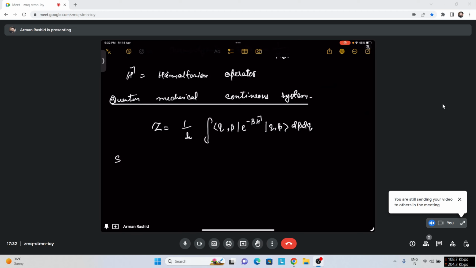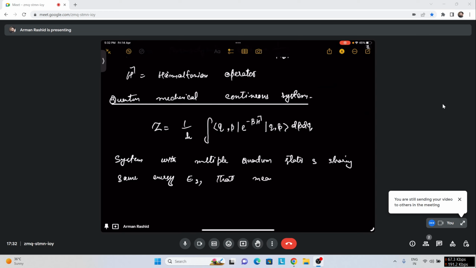Now if we have a system with multiple quantum states sharing the same energy Es, that means these states are degenerate.